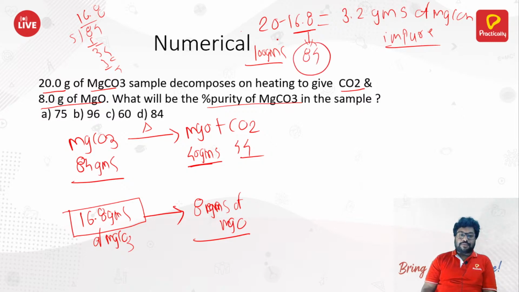If 20 grams of MgCO3 contains 16.8 grams as pure part, then 100 grams of MgCO3 will contain 84 grams as pure part. So therefore 84 is the percentage purity. And that is why our answer is 84%.